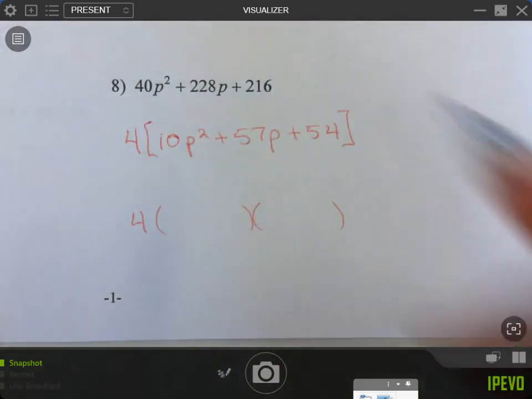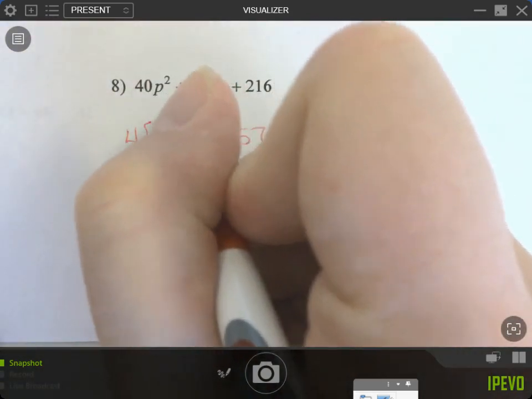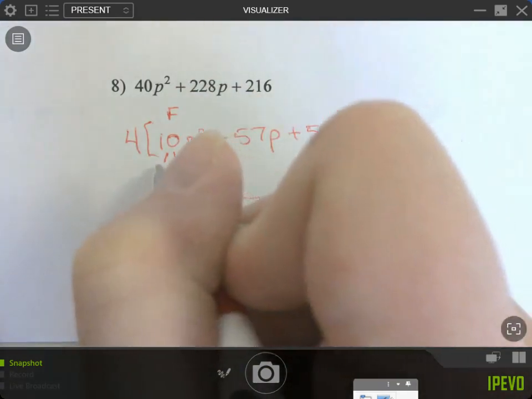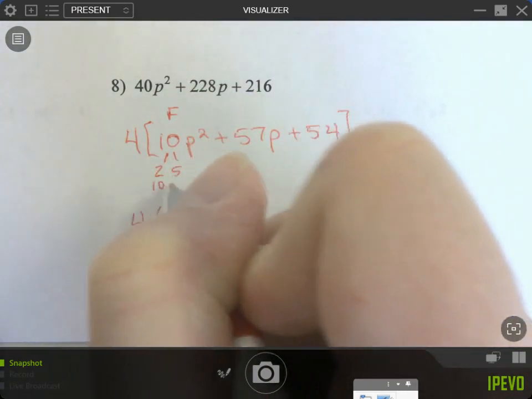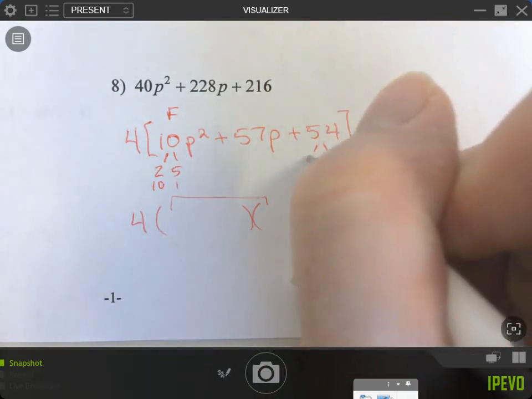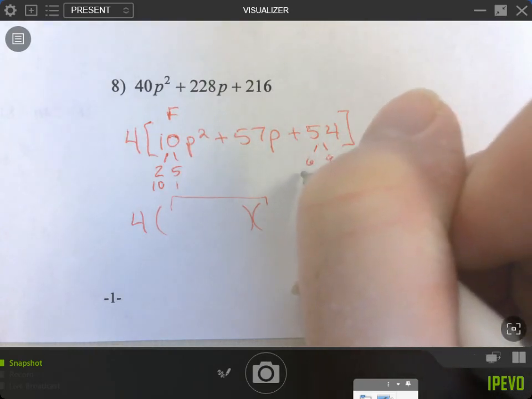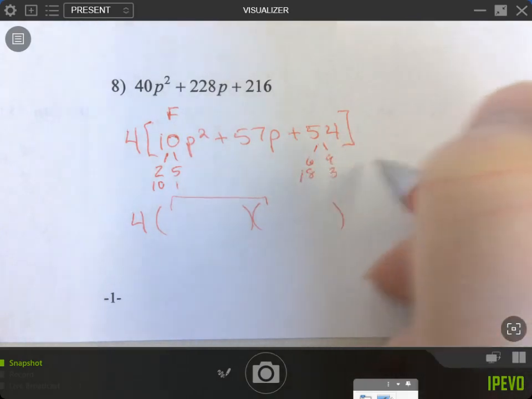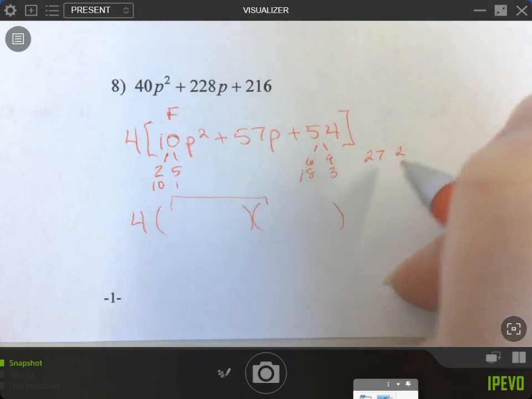So if we're looking at this one, my options for the first term in the first slots here are 2 and 5 or 10 and 1. I like to have all my options so I know what I've used. I have a lot of options for 54. I have 6 and 9. I have 18 and 3, 27 and 2, but also don't forget 54 and 1.